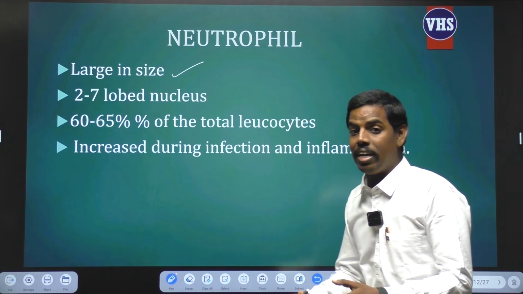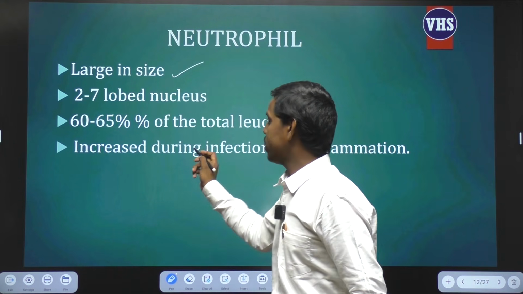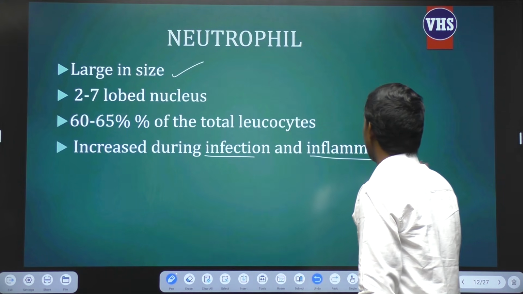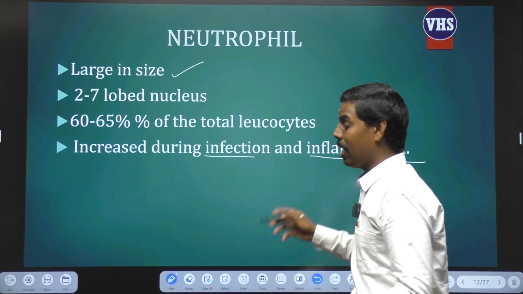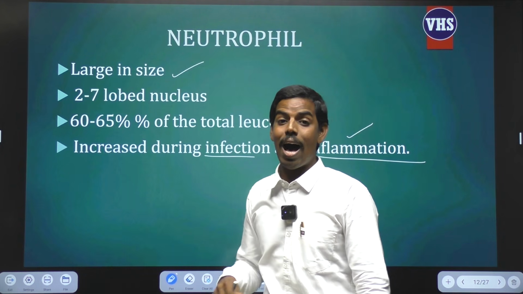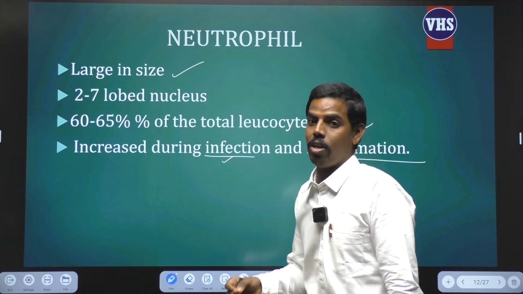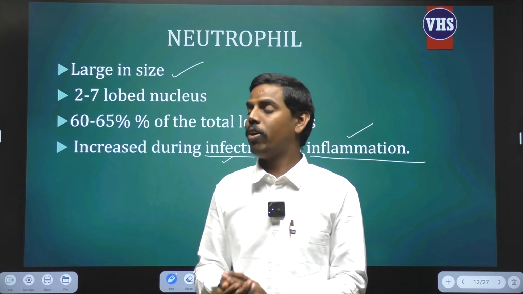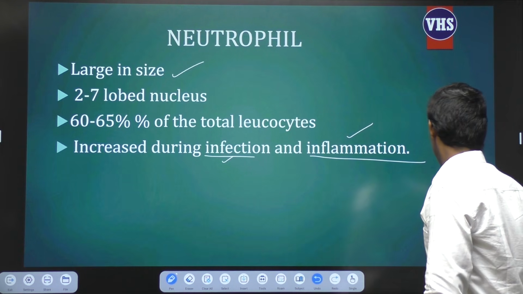When does it increase? In infection and inflammation. What is inflammation? Redness and swelling in our body. At that time neutrophils increase in the white blood cells. Also in viral and bacterial infections, the neutrophil count increases.